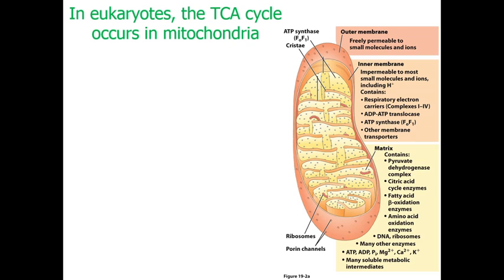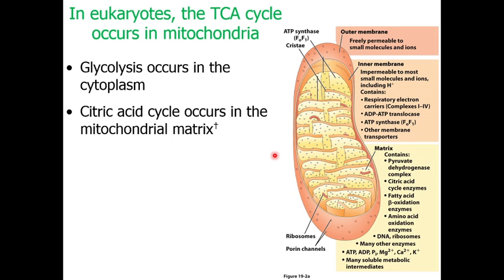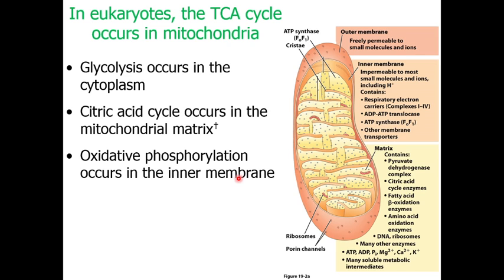In eukaryotes, the TCA cycle occurs in the mitochondria because the enzymes involved in this tricarboxylic acid cycle are expressed inside the mitochondria. Glycolysis occurs in the cytoplasm, that is outside the mitochondria within the cell. The citric acid cycle occurs in the mitochondrial matrix, as shown here. Oxidative phosphorylation occurs on the inner membranes.